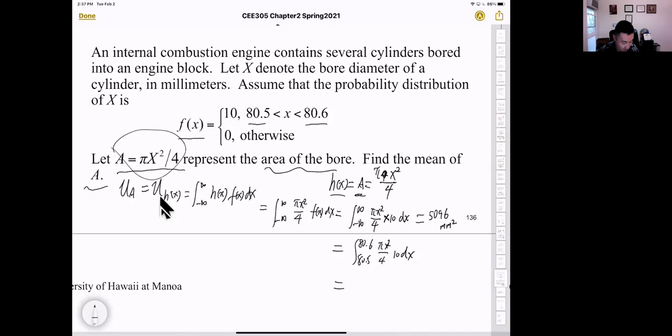Then you plug 80.6 into x minus you plug in 80.5, times pi over 4 times 10. It will become this. Thank you for that.